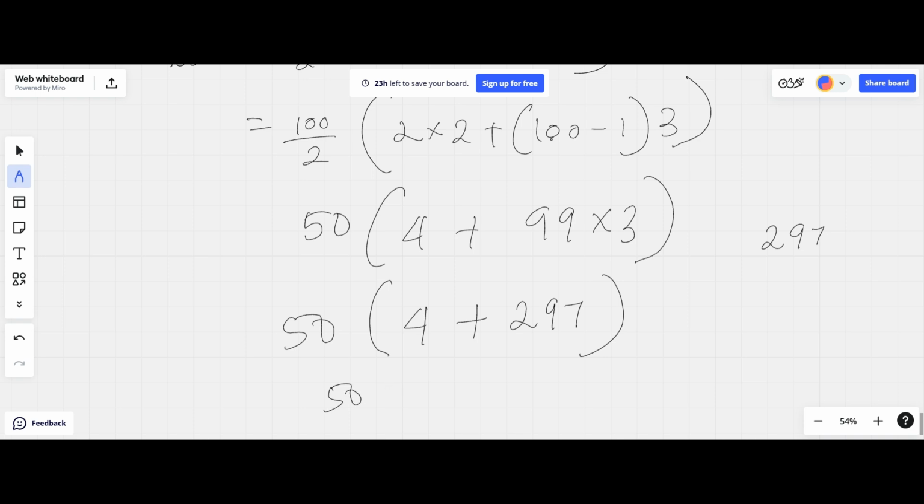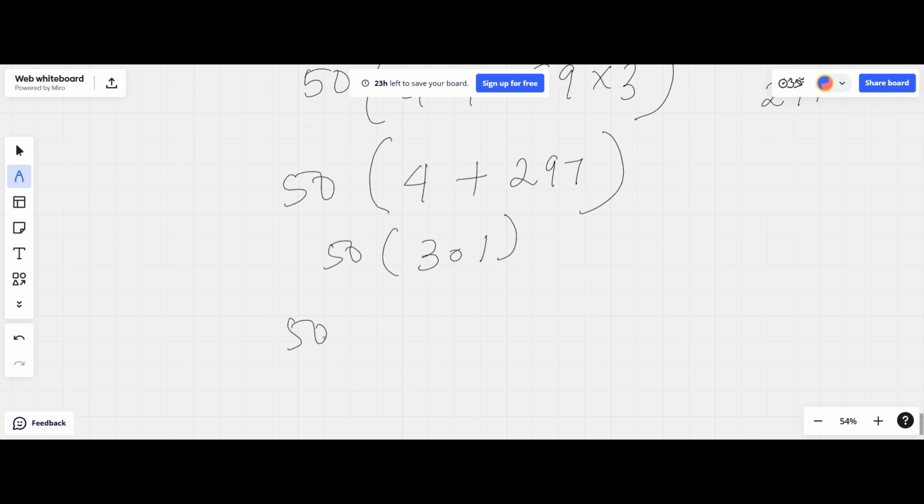So 50 into 297 plus 4, it would be 301. 50 into 301 is equal to 5050. So if you add the first 100 terms in the sequence, you will get 5050.